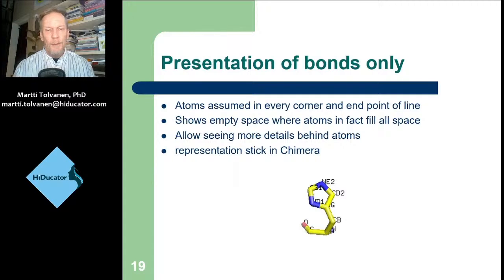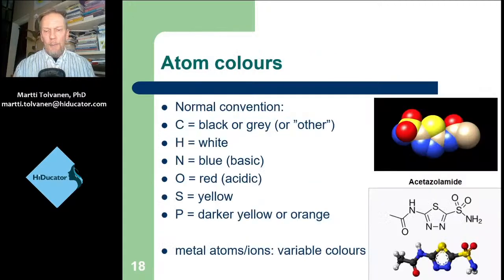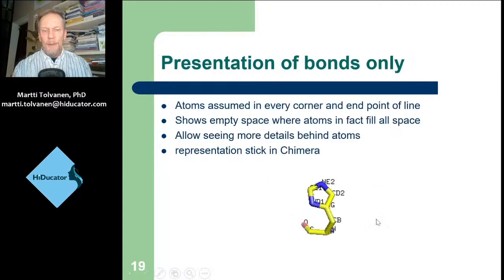Now, the atoms and bonds, as we see here in the bottom, are pretty clear, and if we have this kind of stick representation, you have to understand that in every corner and every end of a line there is an implied atom. And in this example we have the atom labels.